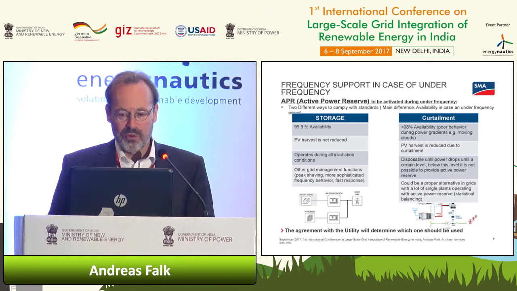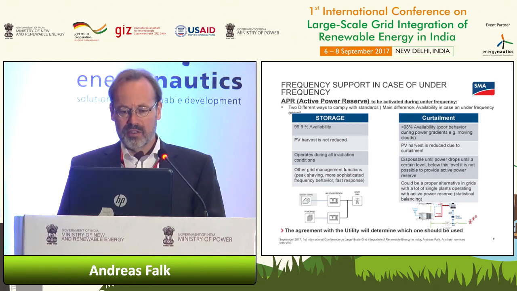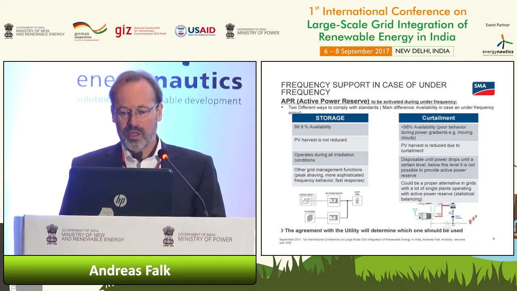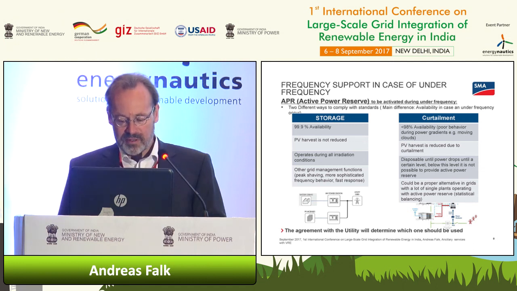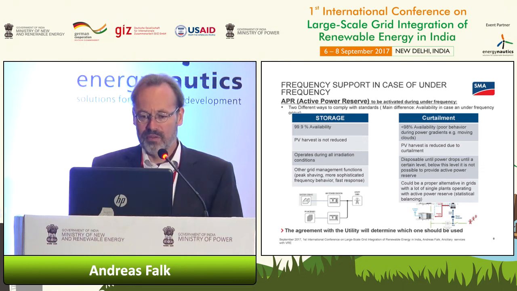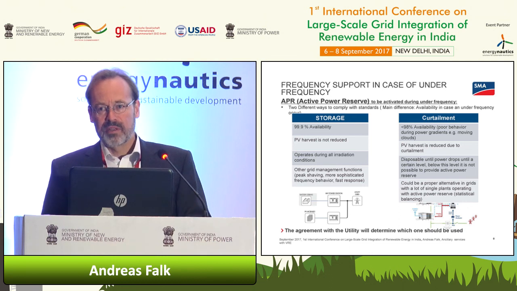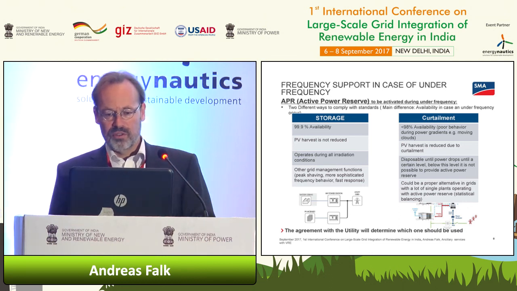Normally when you have a bright sky, it is all okay, but when the frequency dip occurs at a moment when a cloud is moving towards the array, then you are not able to activate your active power reserve. And of course, due to curtailment, your PV harvest is reduced.